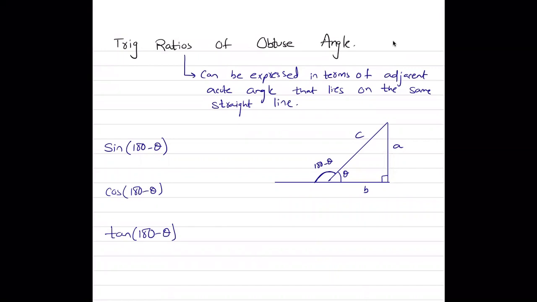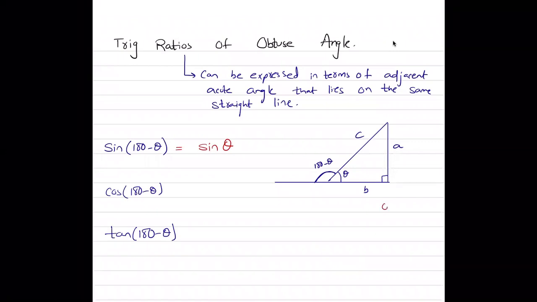What I mean is that you need to know this: sine of 180 minus theta is the same as sine of theta. There is no sign change for the sine ratio, because sine of an acute angle is always equal to sine of an obtuse angle. You can check this in your calculator as well.